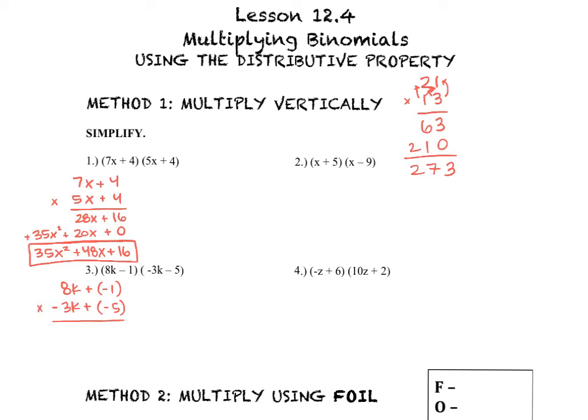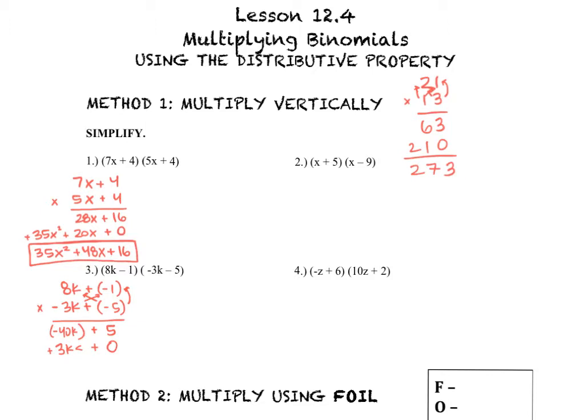All right, so I have -1 times -5, that's positive 5. Then I'm doing the -5 times that, and then the -5 times the other term. So -5 times 8k is -40k. Then I add a 0, and I'm going to do -3k times -1, so that gives me positive 3k.